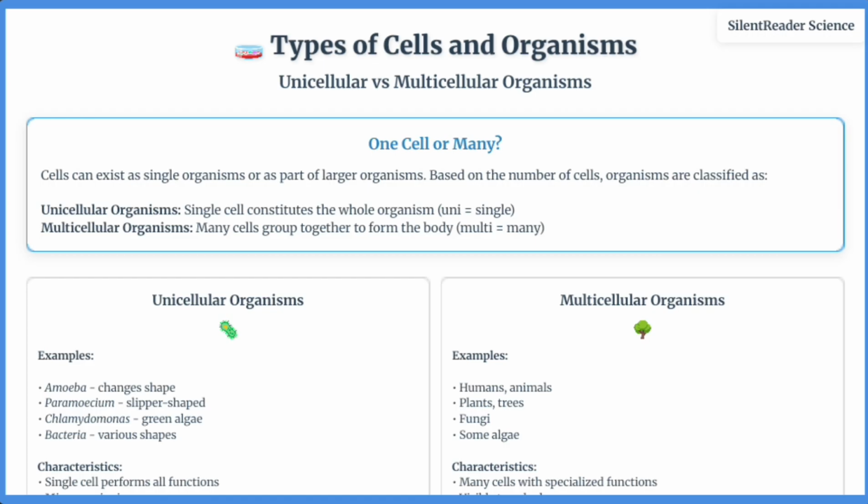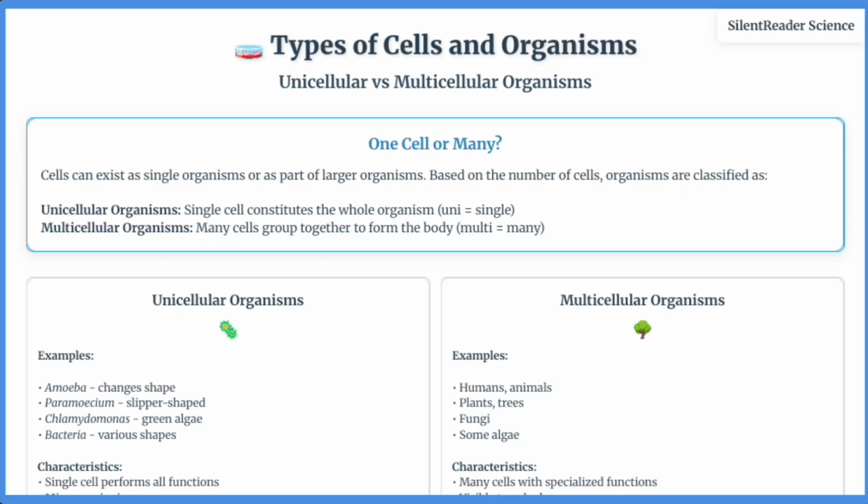Let's explore the diversity of cells by comparing unicellular and multicellular organisms. Unicellular organisms, like amoeba and bacteria, consist of just one cell that performs all life functions. These microscopic organisms interact directly with their environment.